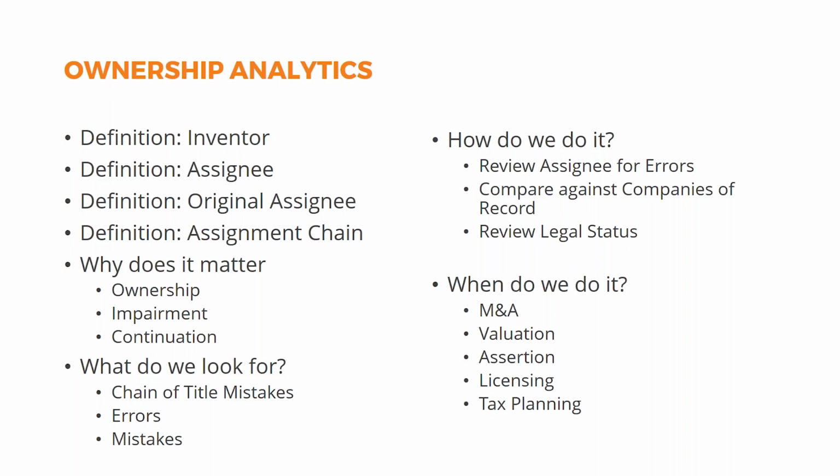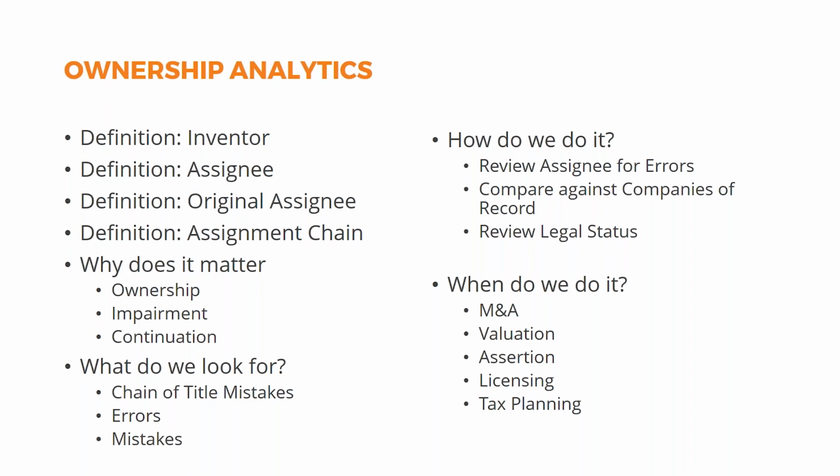Original assignee, I've mentioned this a couple times earlier. A lot of times in patent analytics, patents are bought and sold. And so what we like to do is look at the original assignee to find out where the organic invention occurred. And many times it occurs elsewhere than the current assignee, who is the owner of the patent at that point.